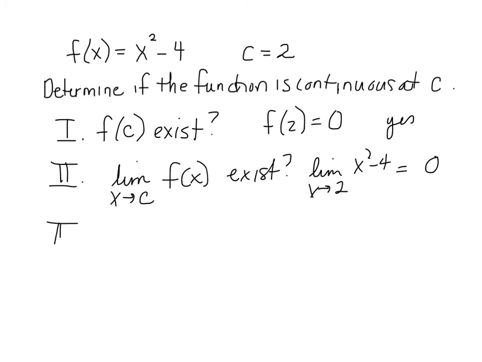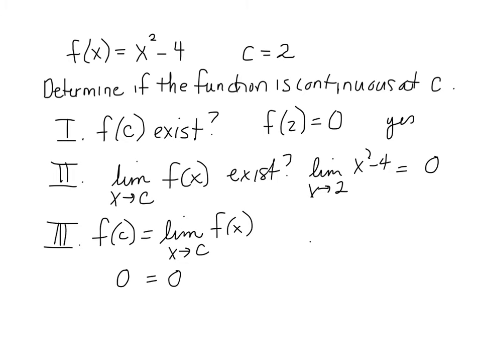The third criteria is, does f of c equal the limit as x approaches c of f of x? In other words, are they the same? And yes, 0 equals 0. So therefore, x squared minus 4 is continuous at c. It meets all three criteria.